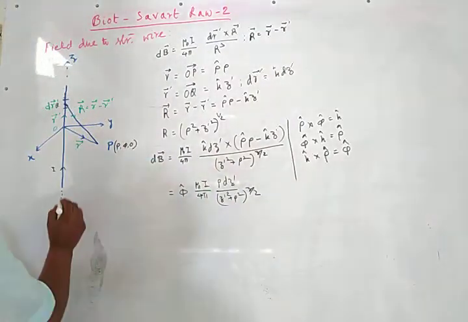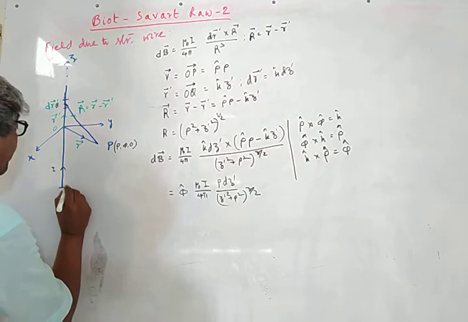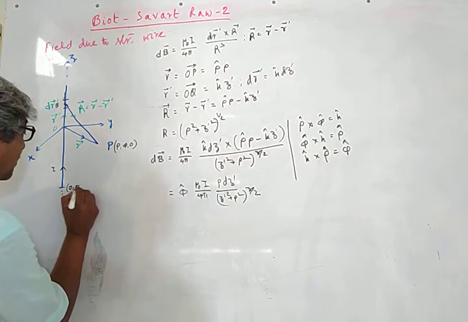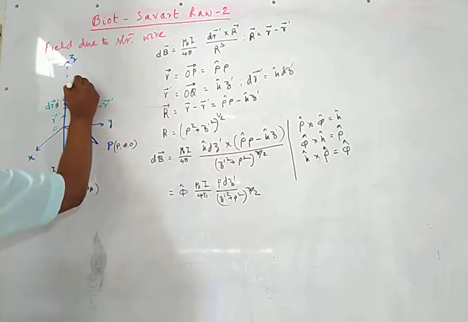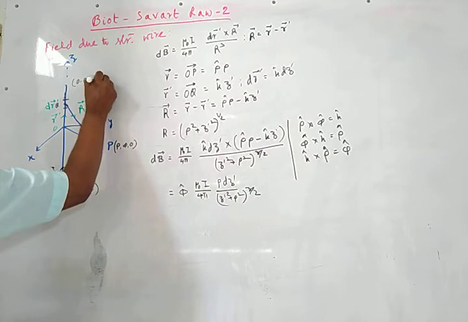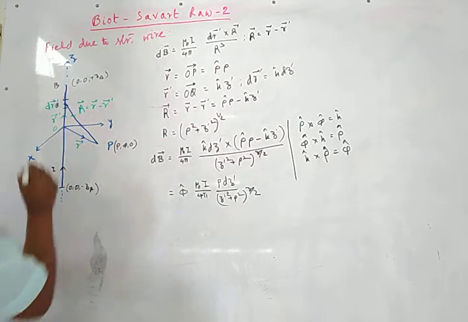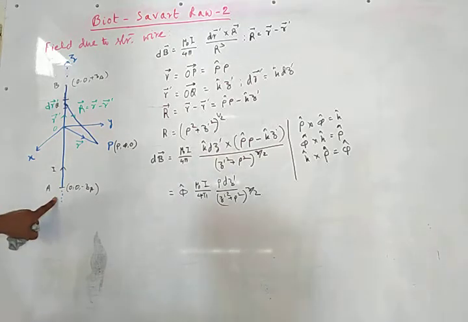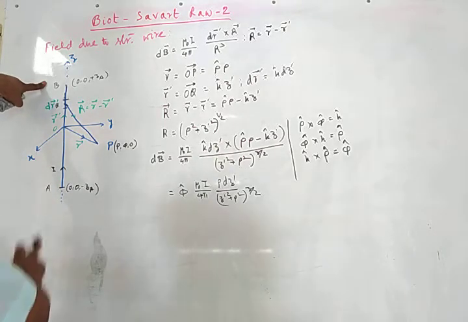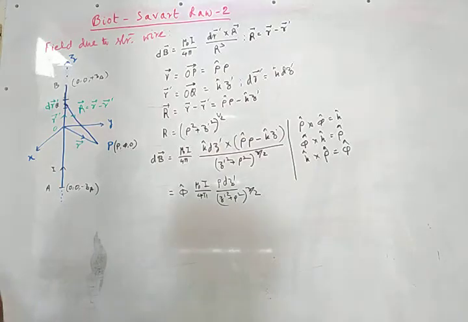Let us consider the conductor extends from the point 0, 0, minus ZA to 0, 0, plus ZB. If we consider a conductor of finite length, the conductor is AB and these are its coordinates.